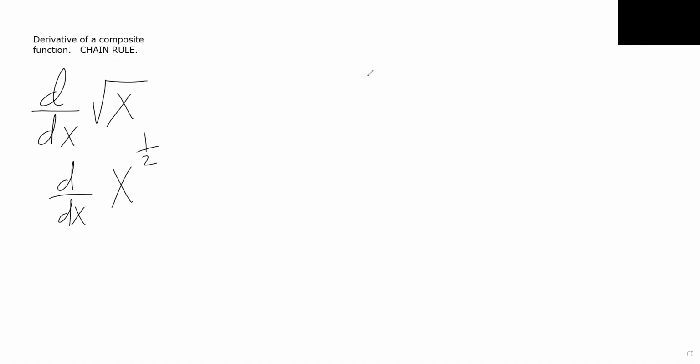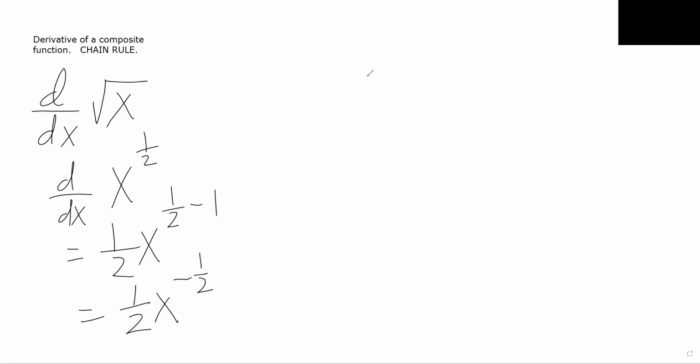And then you might recall with the power rule, we can now transition this expression into its derivative. Make sure you realize that the 1/2 just becomes the multiplier. The new power is going to be x to the 1/2 minus 1.